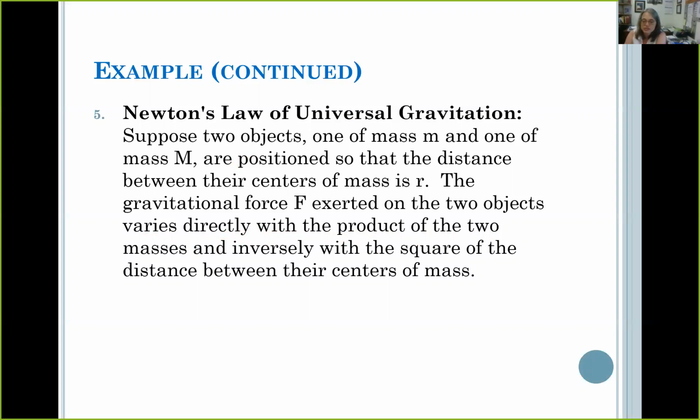The gravitational force is equal to some constant times the product of the two masses divided by the square of the distance between them. Varies directly with the product of the two masses, that's m1 times m2, and inversely with the square of the distance between them, that's r squared. Okay.